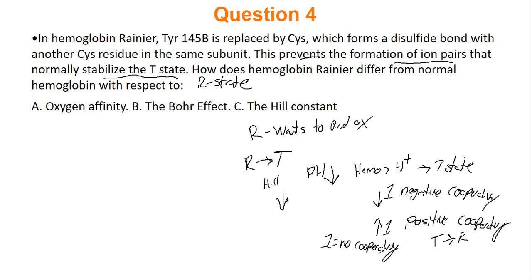So the correct answer is the Hill coefficient will decrease, because in normal hemoglobin the Hill coefficient is like 3, right? Normal hemoglobin has a lot of positive cooperativity.